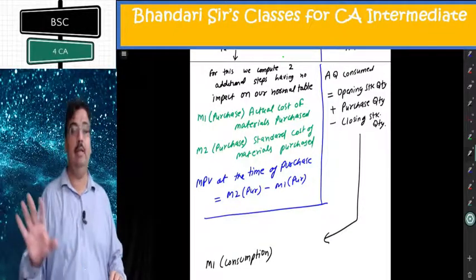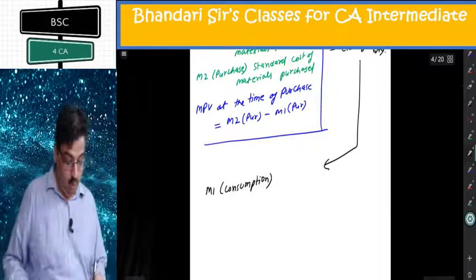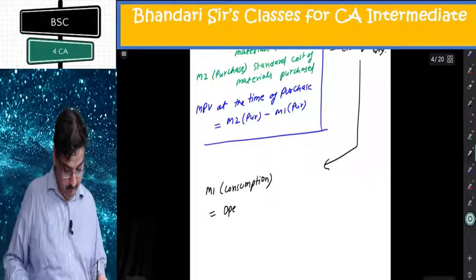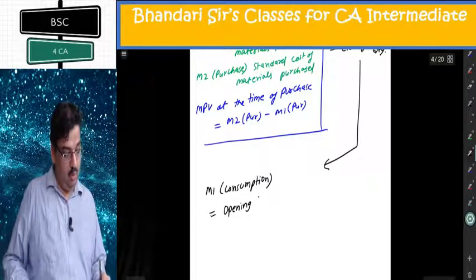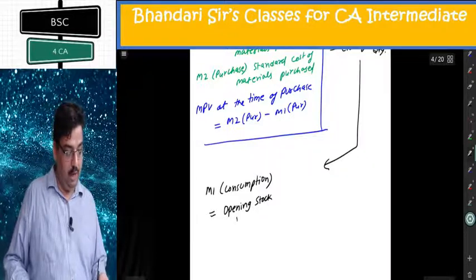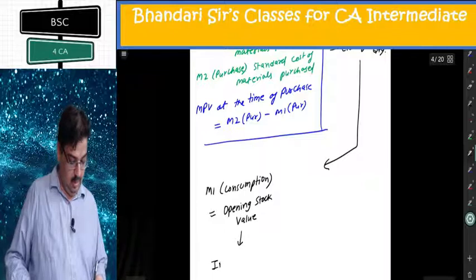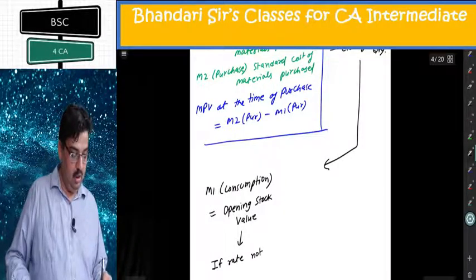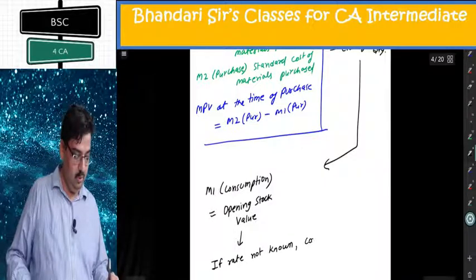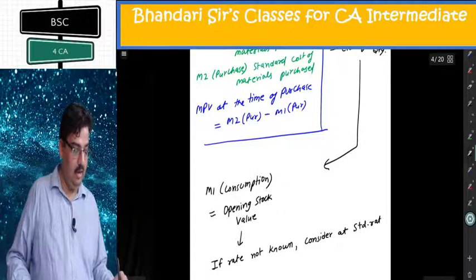It is equal to opening stock value; if rate not known, consider at standard rate.